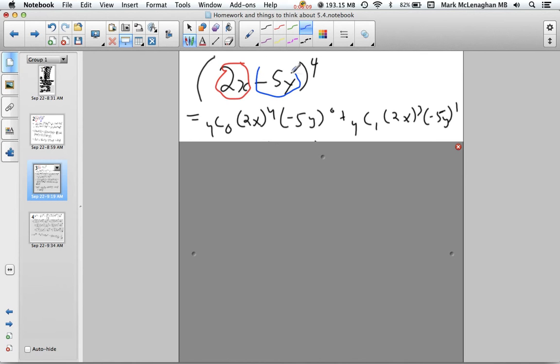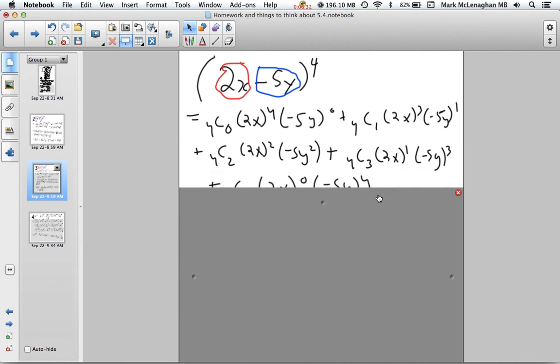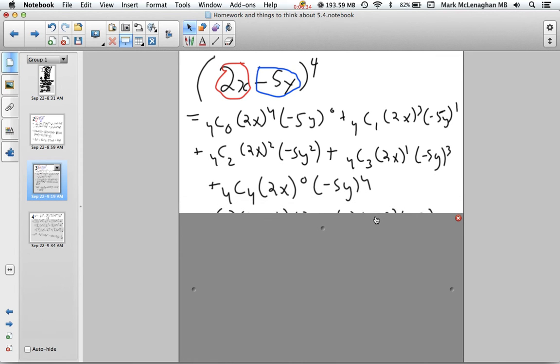Again, you have to be careful with the negative 5y. So there is our first term: 4 choose 0, 2x to the power of 4, negative 5y to the 0, then 4 choose 1, 2x cubed, negative 5y to the 1, and we continue on down. There are our 5 terms.